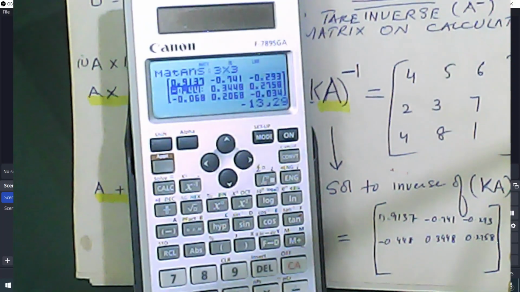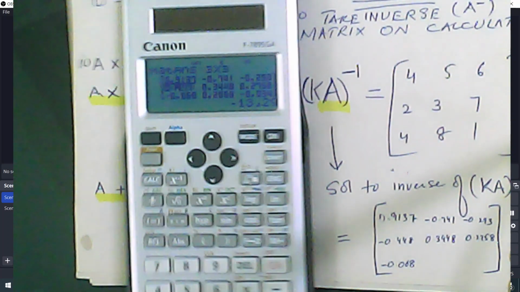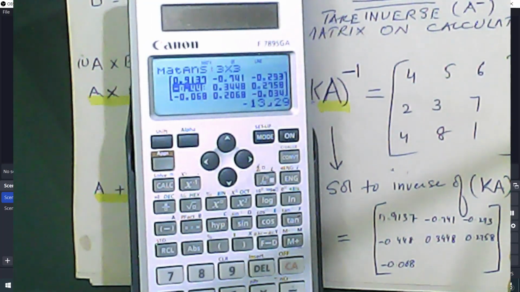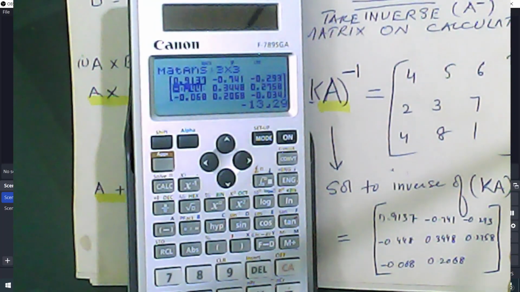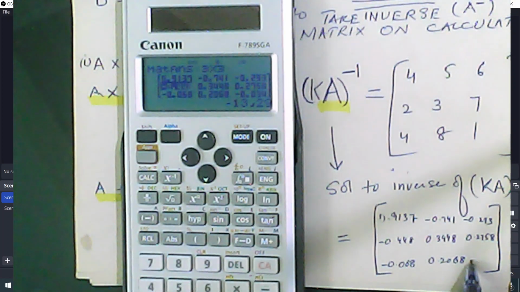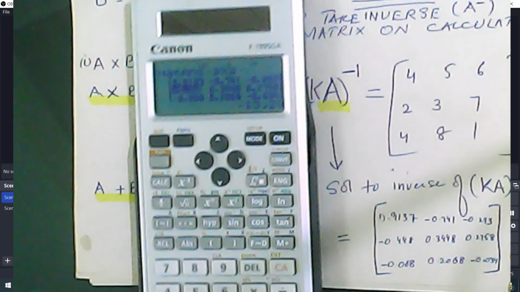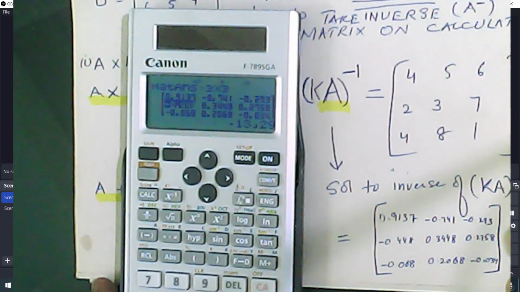Then the seventh value is minus 0.068. The eighth value is 0.2068. And last but not least is minus 0.034.